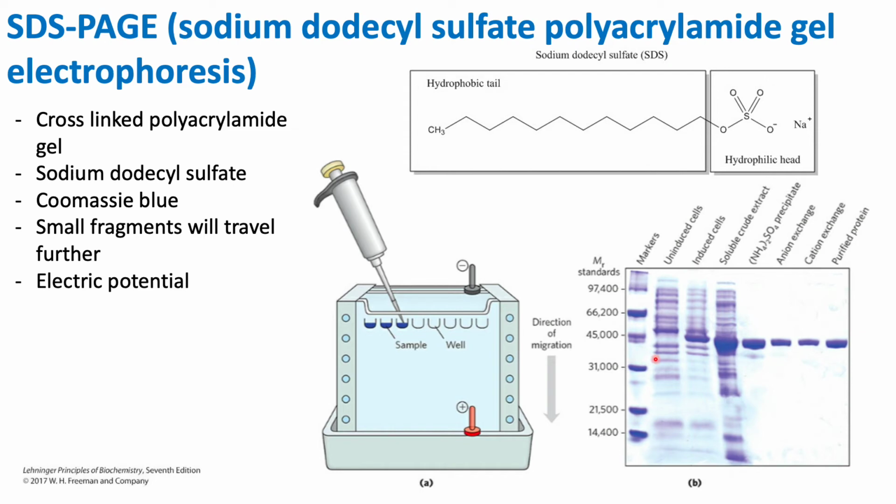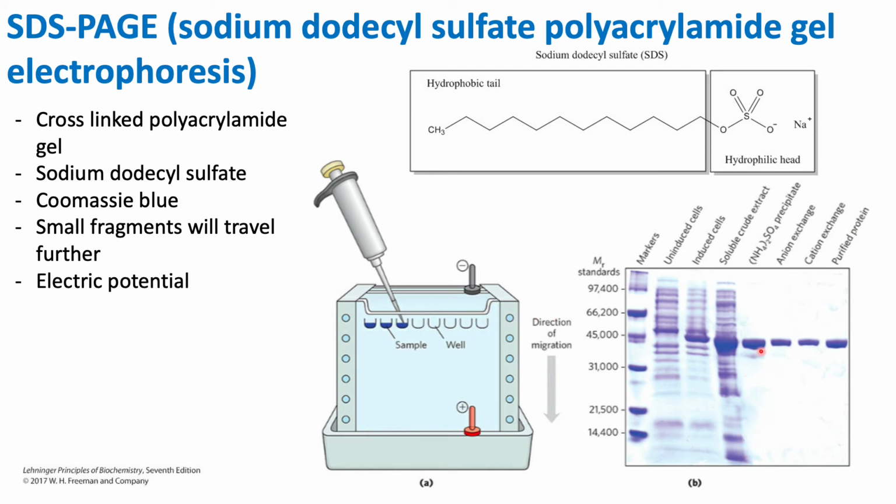The number one thing that we can determine with SDS PAGE is the purity of our sample, or contaminants that exist within our sample. So let's say we did an anion exchange column to isolate a specific protein. Once we've isolated that protein, we run it through SDS PAGE, and if we get multiple bands, that means there are other contaminants within our sample that are giving us these various bands.